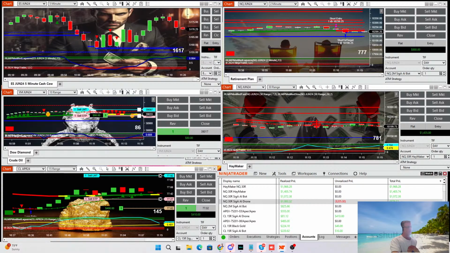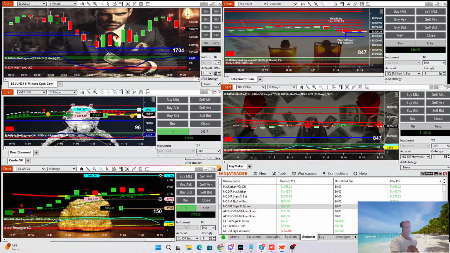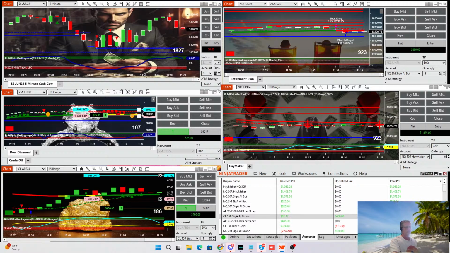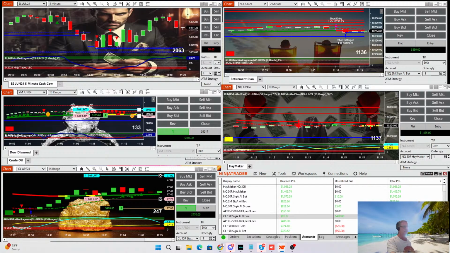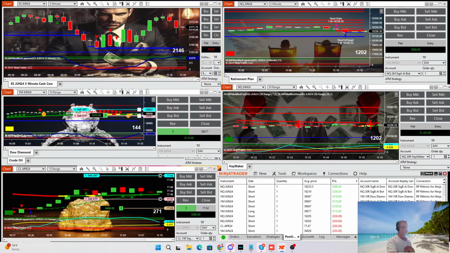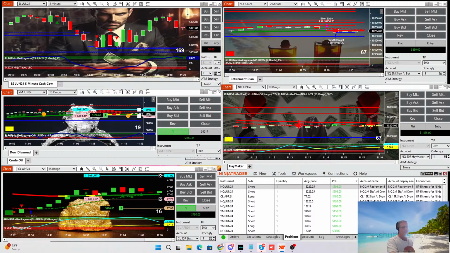And our Signal AI drone on the 30 range is back in. Two-minute AI drone. Let's go to the positions here. NQ. 2-minute retirement plan.